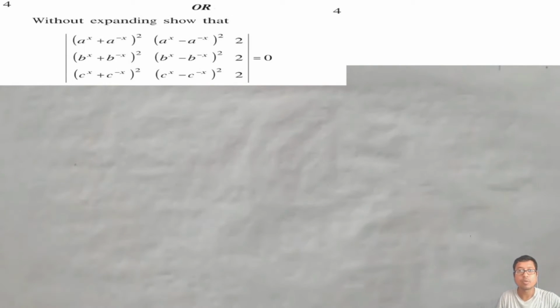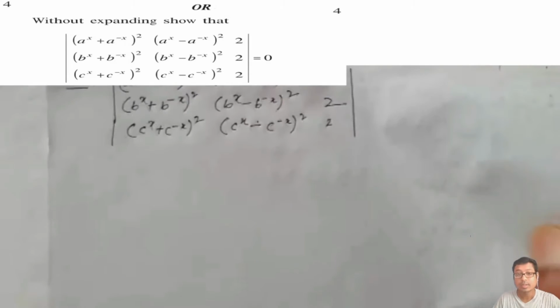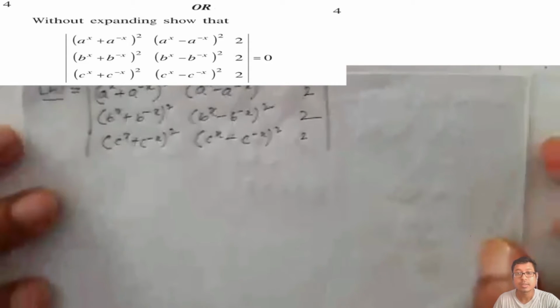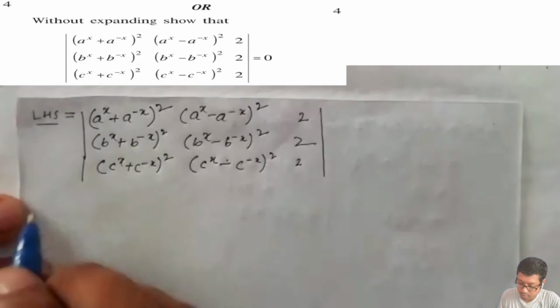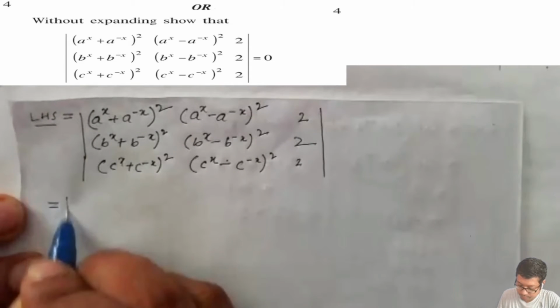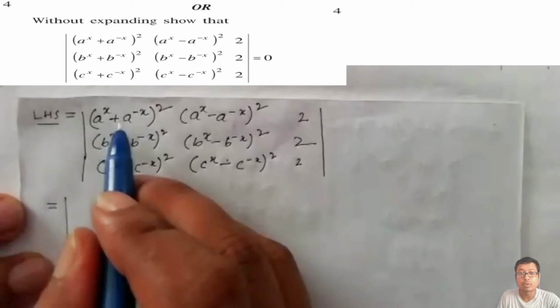Okay, question number 4, or part. Without expanding, show that this determinant is equal to 0. Let us consider the left hand side as it is. As you can see here, I'm considering the left hand side, and first of all I will break this square.